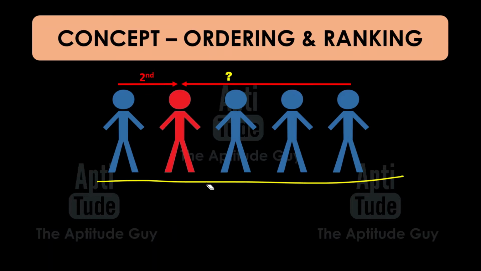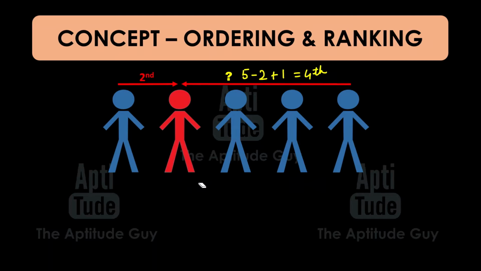What we need to do is, when we do 5 minus 2, we need to add this guy back. So the actual answer will be 5 minus 2 and then we add him back, so plus 1. So 5 minus 2 plus 1, that is 4th. This is how it's done. Those of you who gave 49 as the previous answer, I am 100% sure now you realized your mistake and you know now what the actual correct answer is.